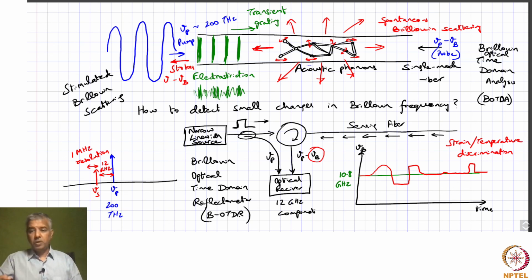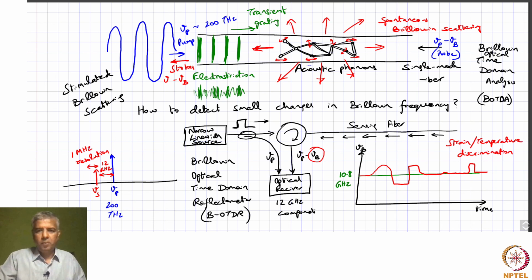So BOTDR is good for shorter distances, say a few kilometers, where you can still get a reasonable signal. But if you really want to go to long distances like 100 kilometers and above, you need to go towards a BOTDA type of solution, which we're not discussing in much detail right now.